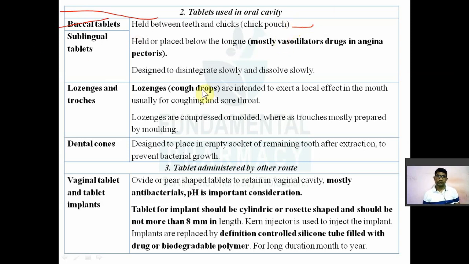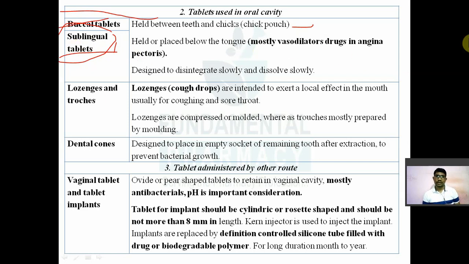Then the next one is the sublingual tablet. So a tablet placed under the tongue. Your tongue is supplied with a network of capillary blood vessels underneath, so you have to place the tablet there. From the tablet, it will dissolve in the saliva and fluid, and it will be absorbed into systemic circulation directly into the blood.